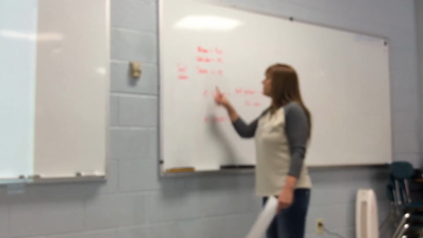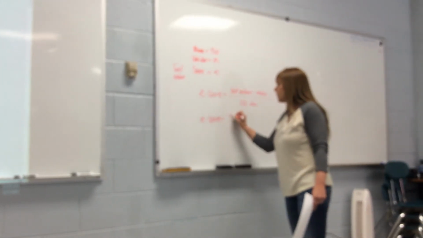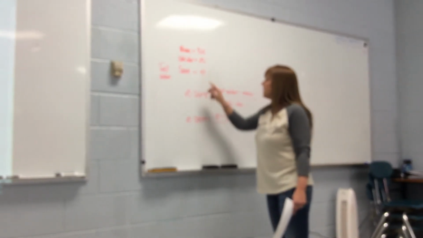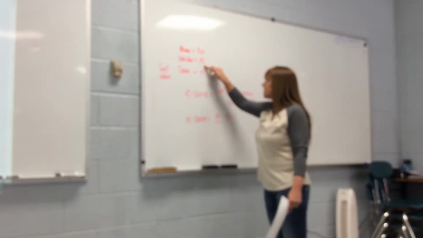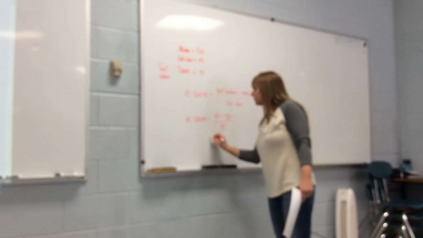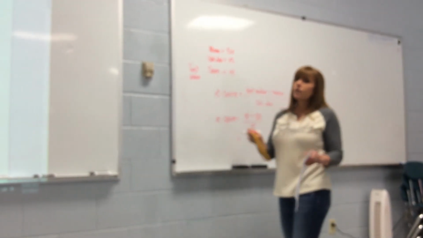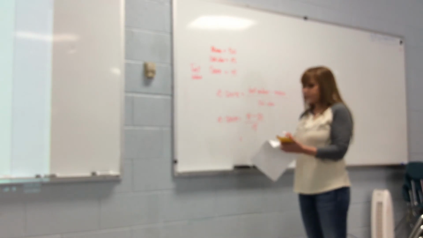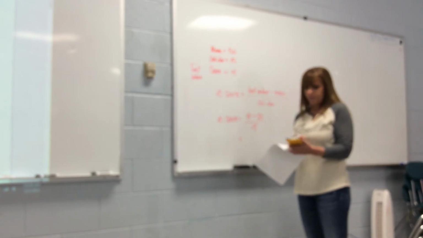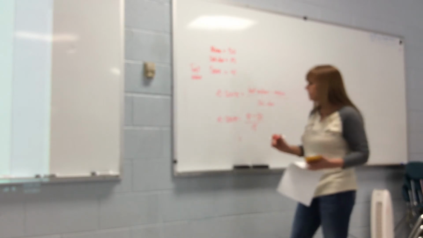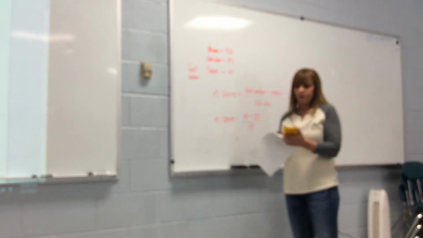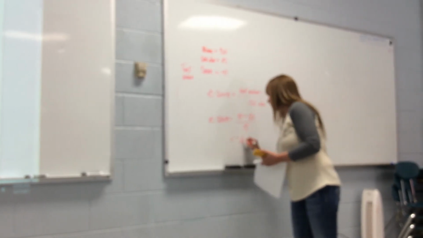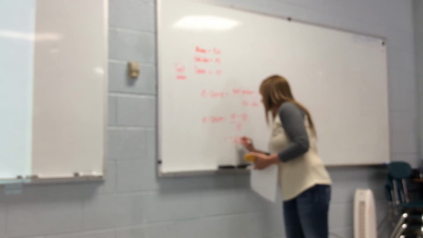So my z-score, I'm going to take my test score, 41. I'm going to subtract the mean of 50. I'm going to divide by the standard deviation of 15. Okay? So it's very important, once again, do what's on top of this fraction first, 41 minus 50, get an answer, and then divide by 15, and we get a negative 0.600.